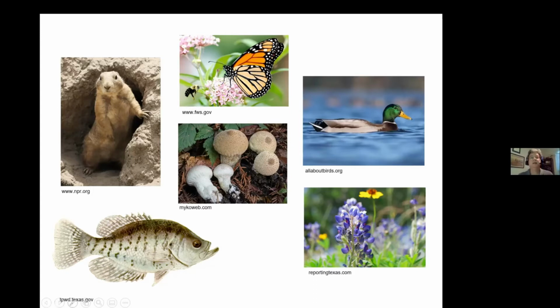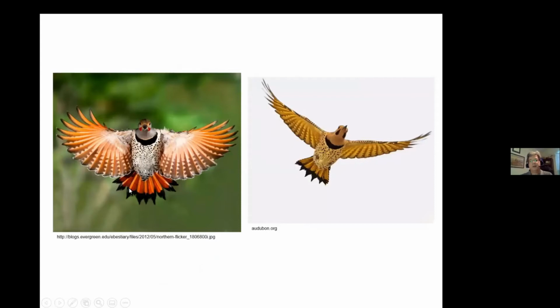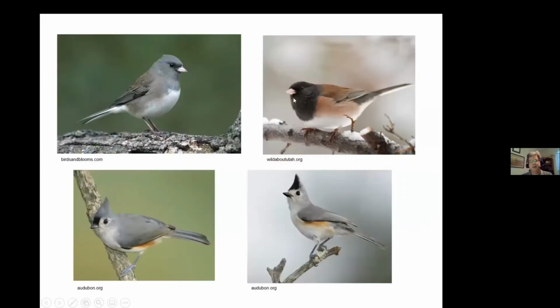But sometimes it gets complicated, right? So some organisms look the same. So are these the same or are these different? Are these the same or are they different? And so if you just go off of morphological information, then sometimes answering the question of who lives there gets more complicated, right?